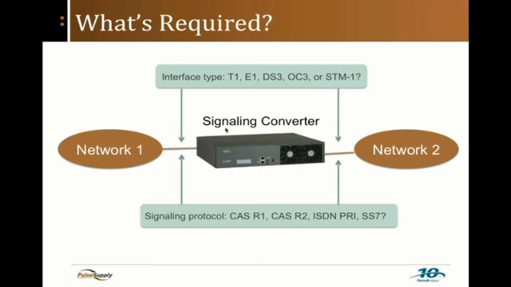So when you're looking for a solution to connect devices or networks that use different interfaces or different signaling protocols, the basic information that you need is what interface type is involved and what signaling protocols are involved.